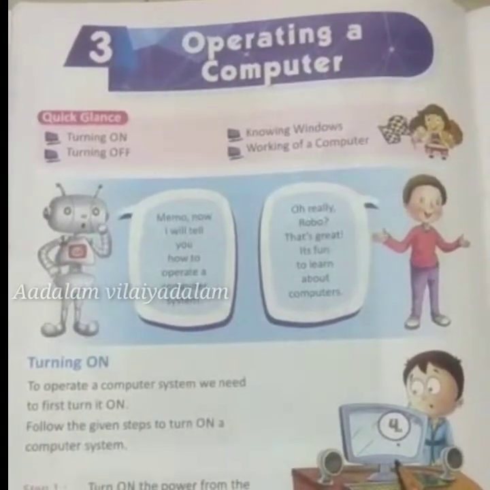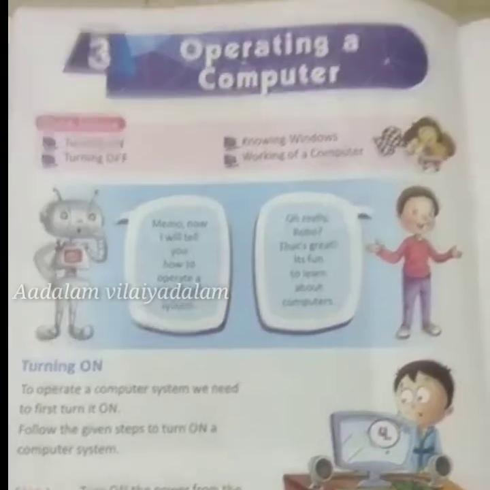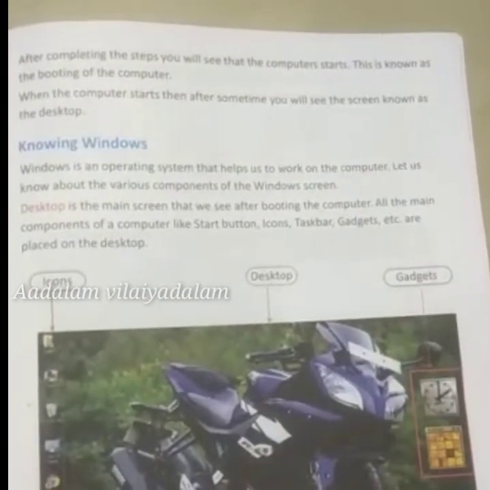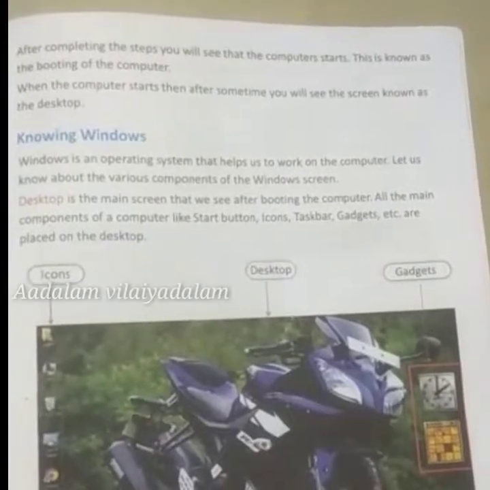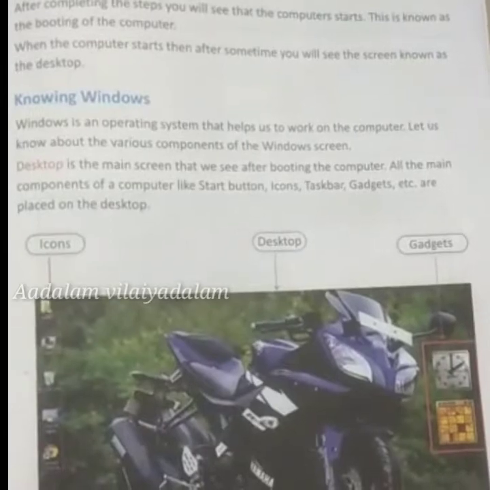After switching on the computer, we will see the first screen of the computer. The first screen of the computer is called a desktop. When we switch on the computer, the screen will look like this. This screen is called a desktop.